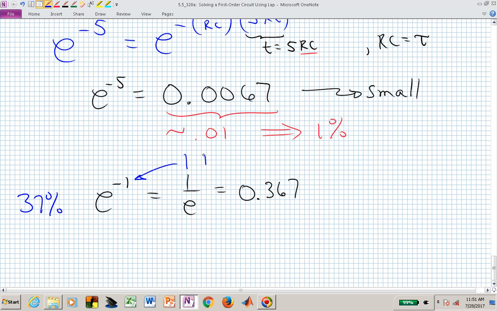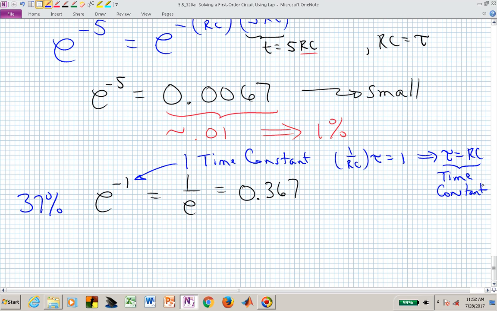This is now 1 time constant. And that's when t over RC is equal to 1, or when tau is equal to RC. So in this first order low-pass filter built from one resistor and one capacitor, the time constant, tau, is RC.